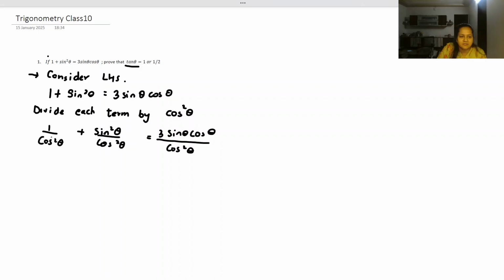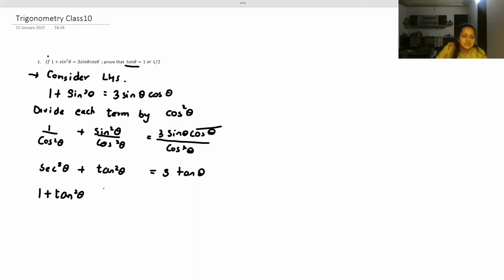So if I go to see, I have 1 upon cos square, which is sec square theta, sine square upon cos square, which is tan square theta, and this gives me 3 tan theta. Again, I don't want any other trigonometric ratio in this question, so we need everything in terms of tan. Now, sec square can be written as 1 plus tan square theta.